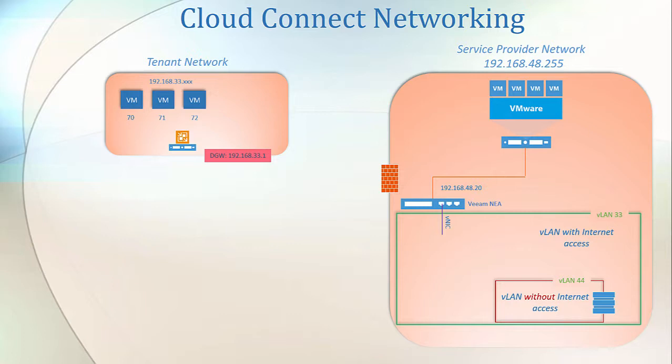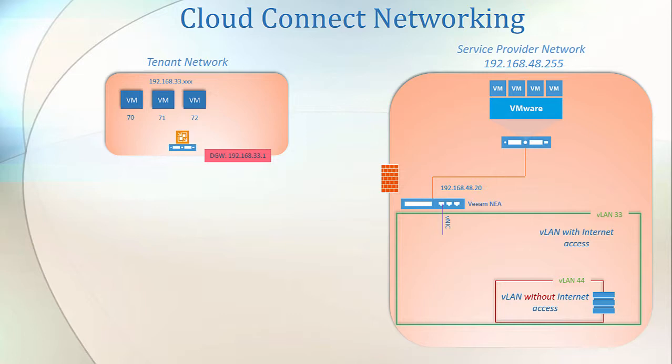This network extension appliance will be used as a virtual router to create routing between the tenant subnet, the VLAN, in this example VLAN 33, and the service provider network, and also to establish a VPN connection with a tenant site in case of partial tenant site failover. To keep tenants separated from each other, Veeam will host each tenant within a VLAN.